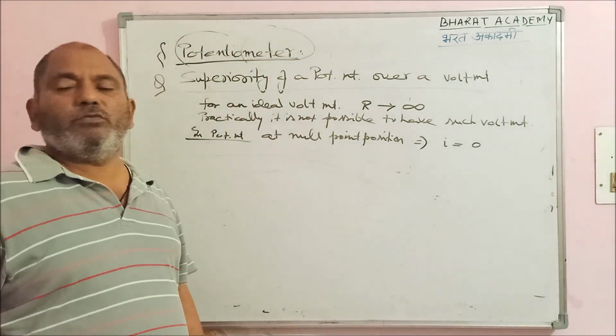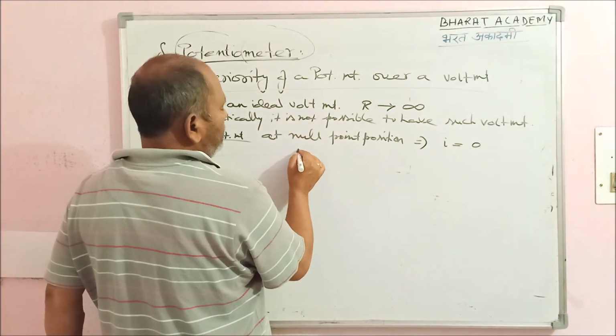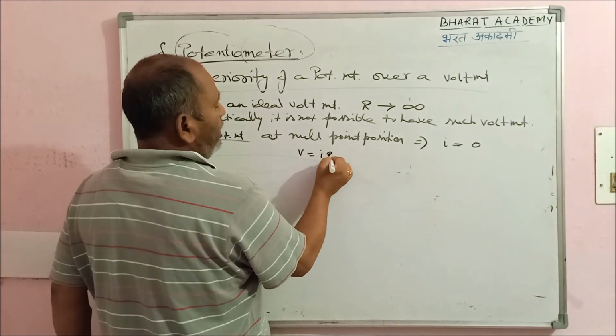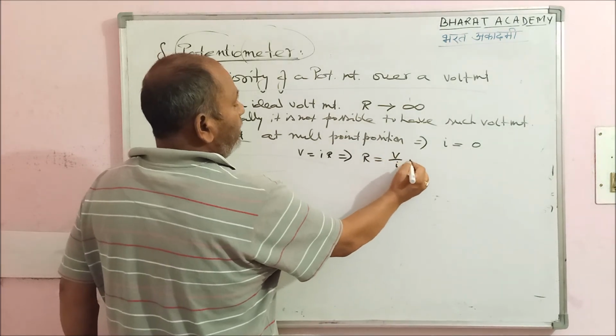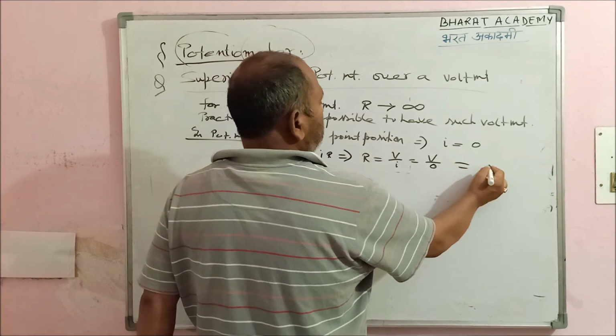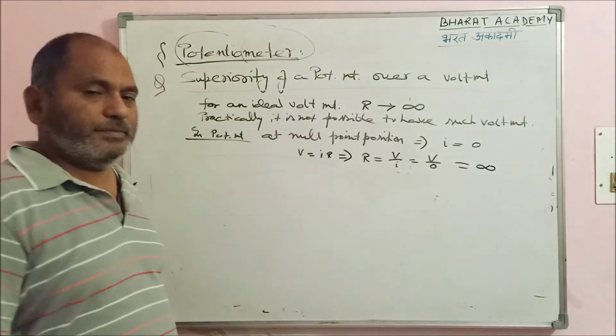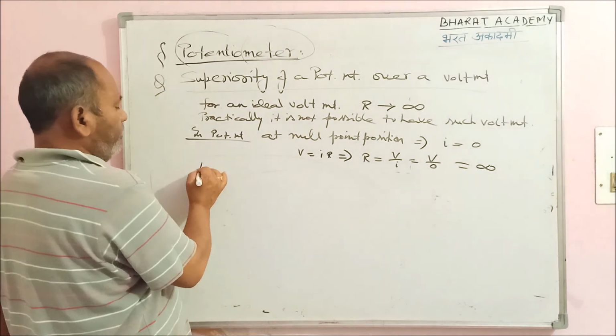No current flows through the circuit. According to Ohm's law, V equal to IR. If I say R will be V by I, V by 0, that gives you infinity.